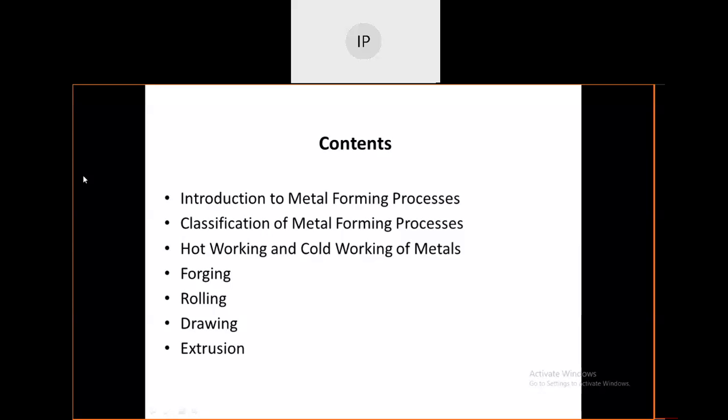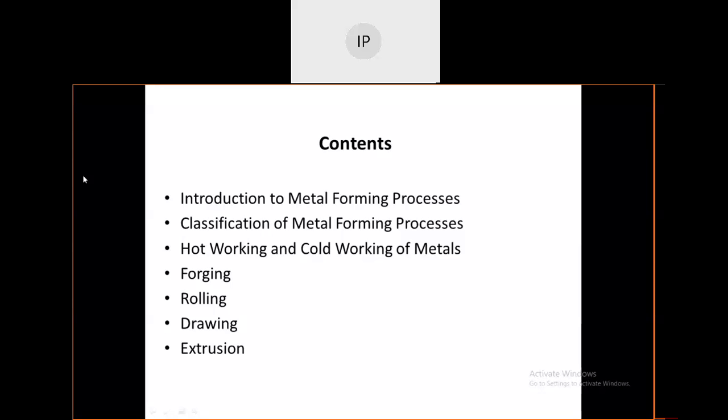Deformation means there is a change in dimensions. Once you apply force, the object changes its shape and size, but it is not possible to retain its original size and shape. That we call plastic deformation. If it returns to its original shape and size, that we call elastic deformation.